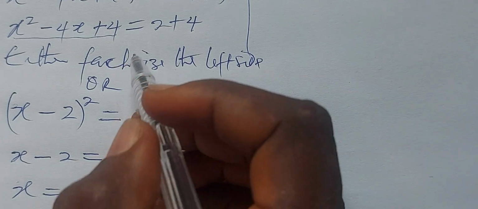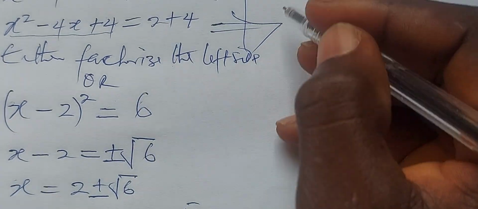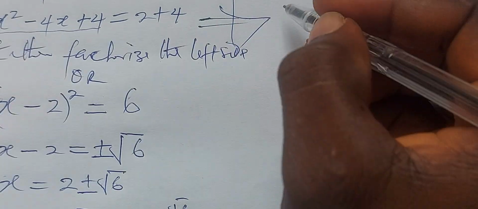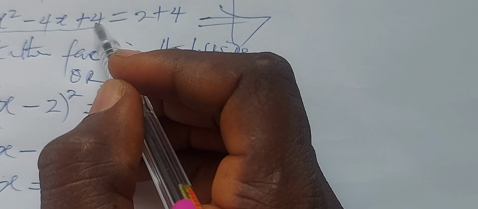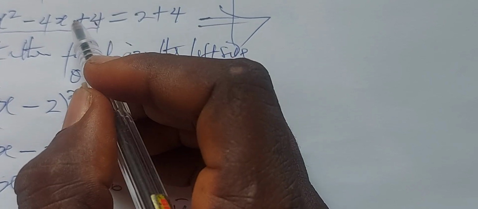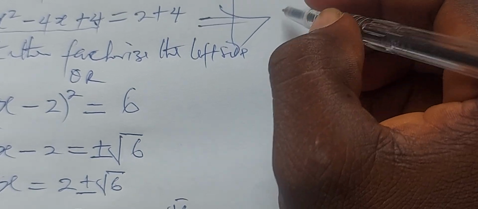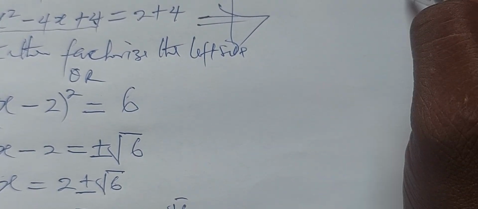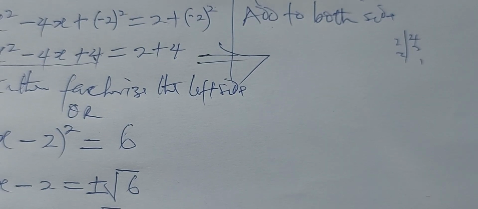But remember, I said you can factorize this expression to come to this term. So once you factorize this, what is the factor of this? You know how we factorize: when you multiply, you have plus 4, and when you add, you have minus 4. If you consider 4, you have 2 and 2.